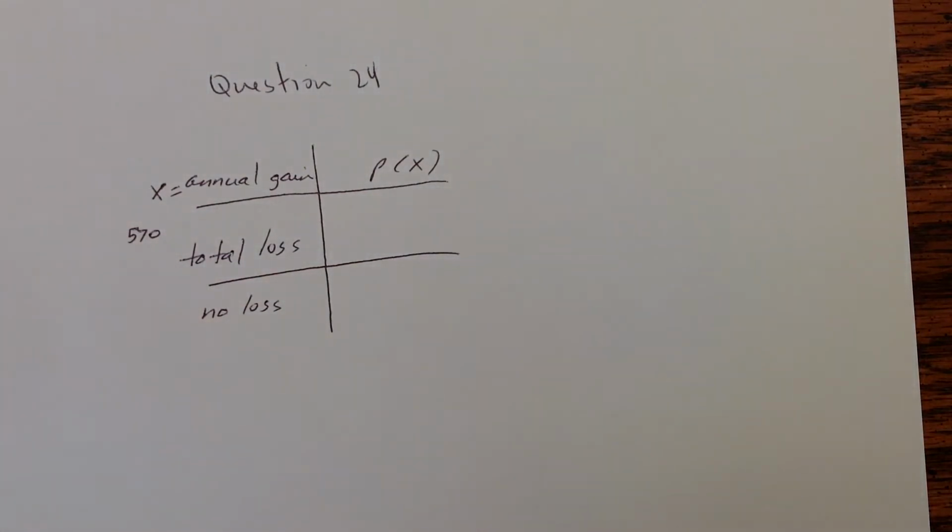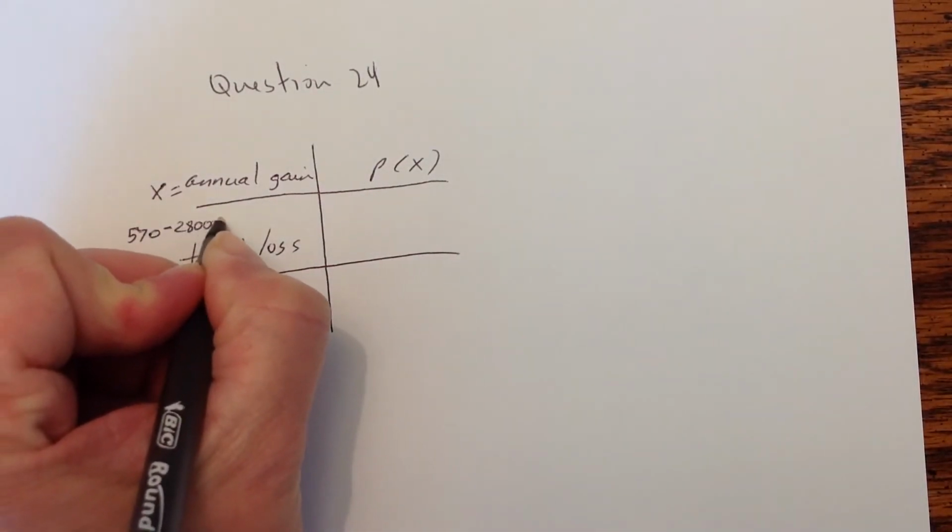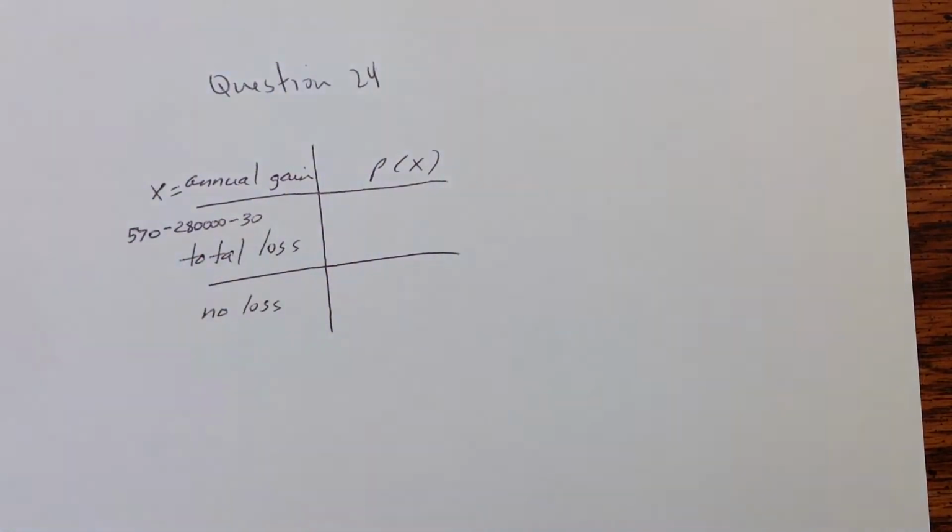That money goes to the insurance company. However, with total loss, you are going to subtract $280,000 and the $30 that the insurance company has to pay to service such a policy annually.